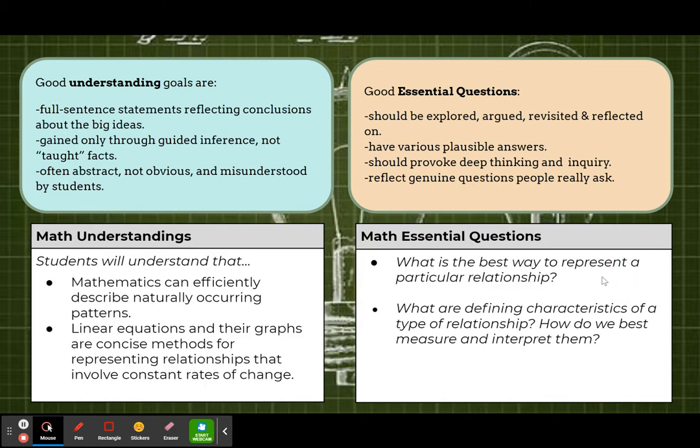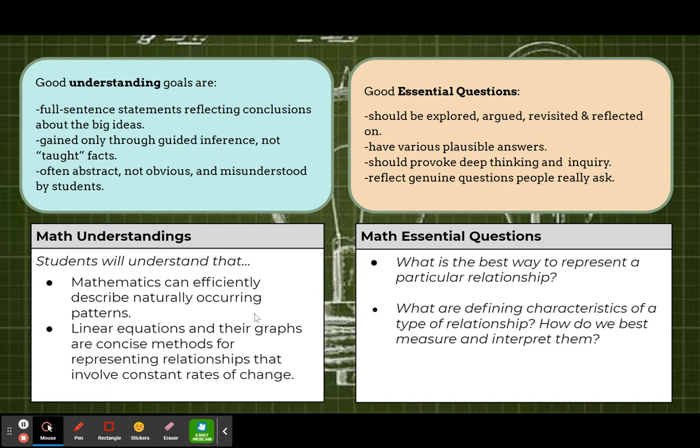Now for math, we have some understanding goals. Students will understand that mathematics can efficiently describe naturally occurring patterns. And students will also understand that linear equations and their graphs are concise methods for representing relationships that involve constant rates of change. So this first one, mathematics can efficiently describe naturally occurring patterns.